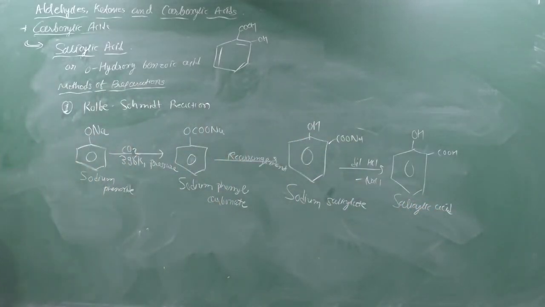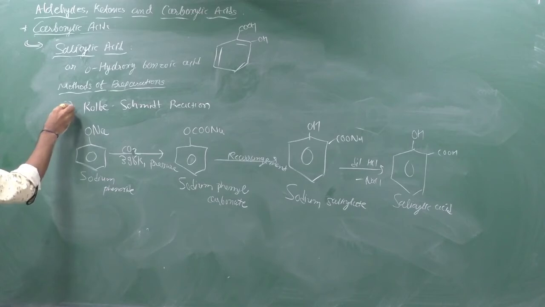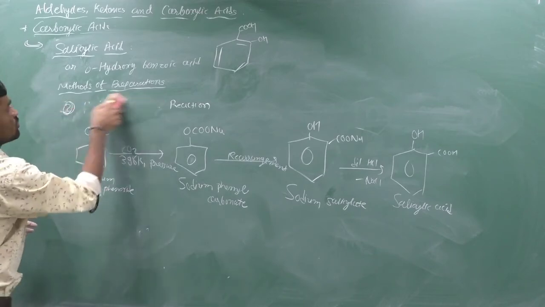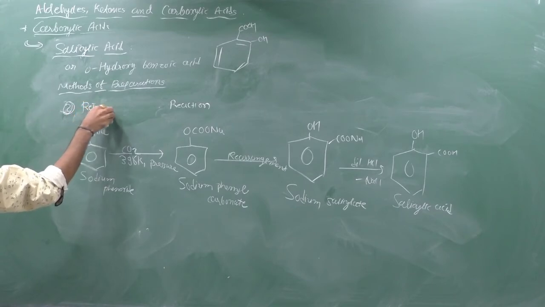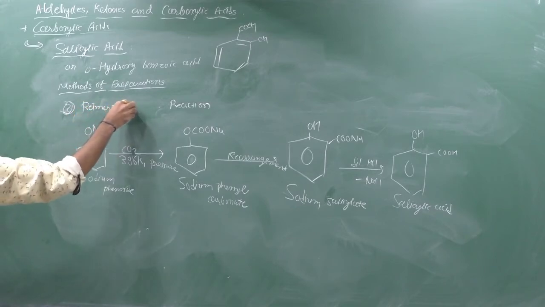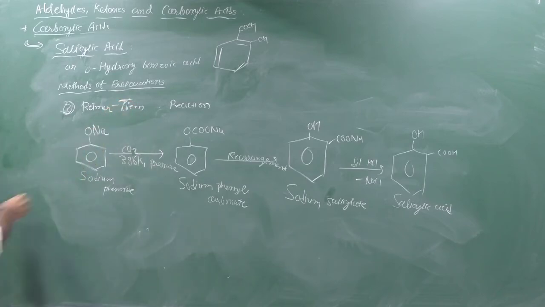That was the Kolbe reaction. Next one is the Reimer-Tiemann reaction, in which the starting material is phenol.